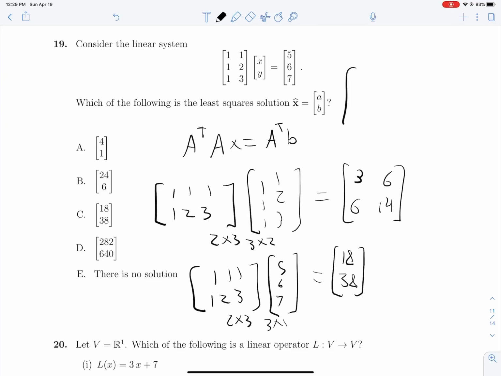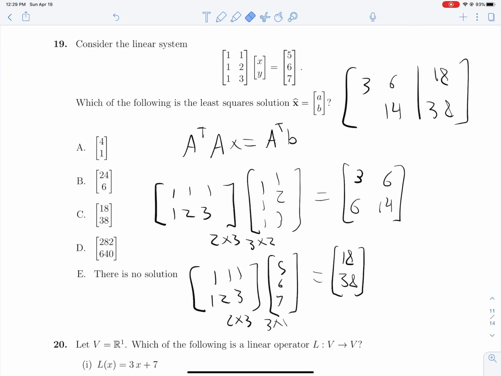So we can set up this system. Since this times A equals this, we can just make an augmented matrix. 3, 6, 6, 14 is equal to 18, 38, and solve this. Let's subtract 2 row 1s from row 2.